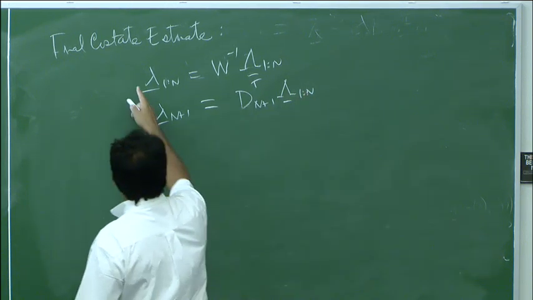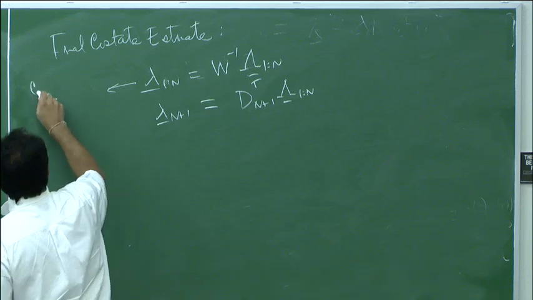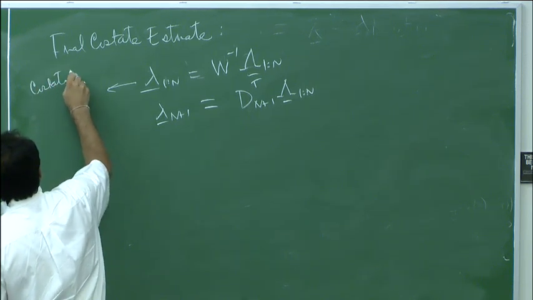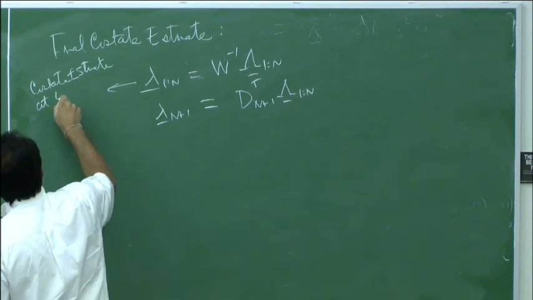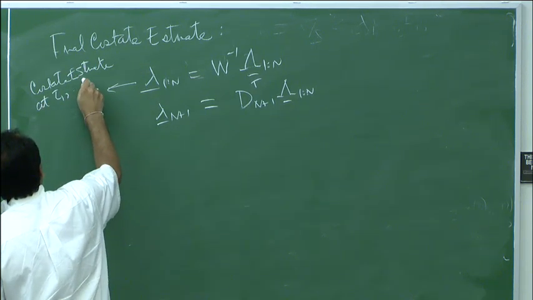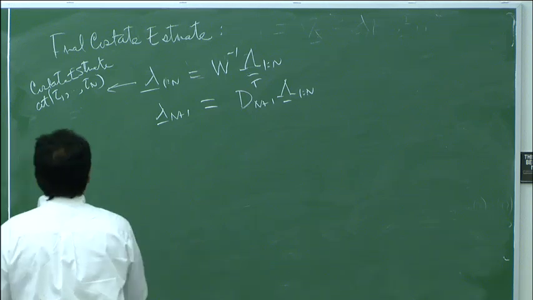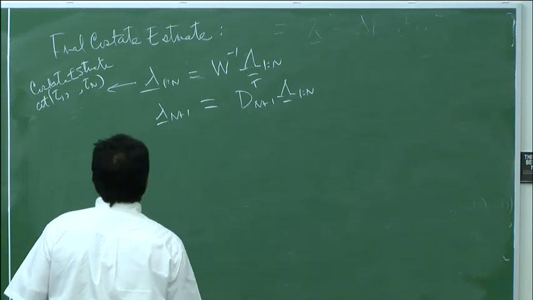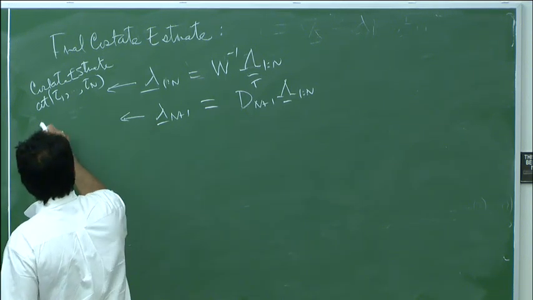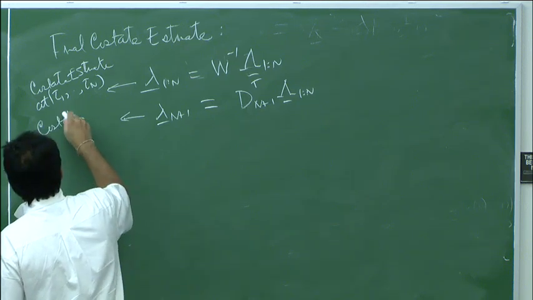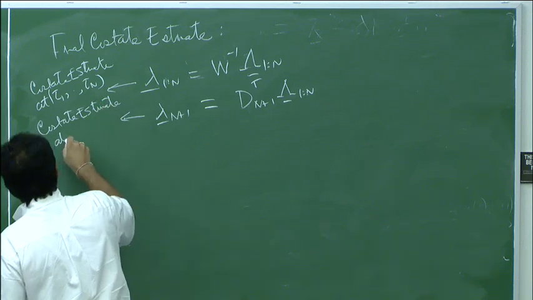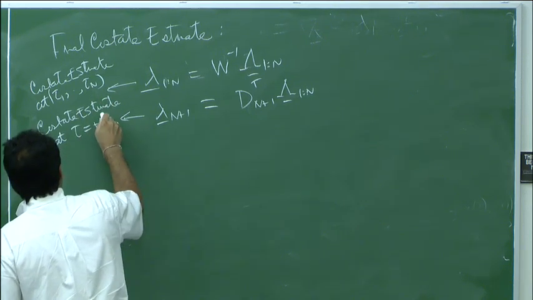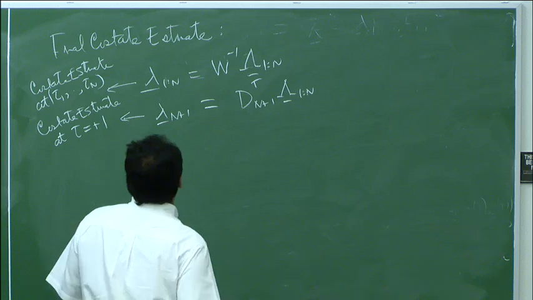So this first is the costate estimate at tau 1 to tau n, which are the n LGR points. Remember that tau 1 is equal to negative 1. And this is the costate estimate at tau equals plus 1. And that's it. That's the final result.